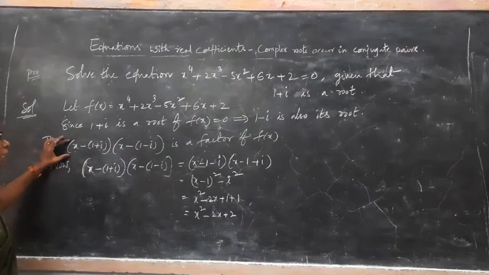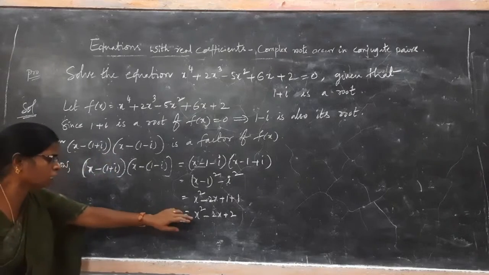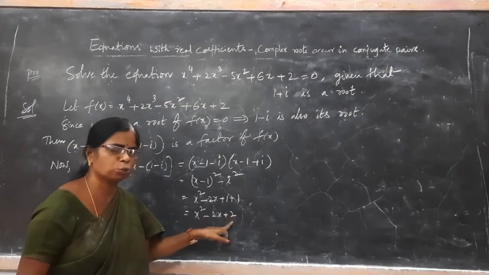So this is the factor: x square minus 2x plus 2.